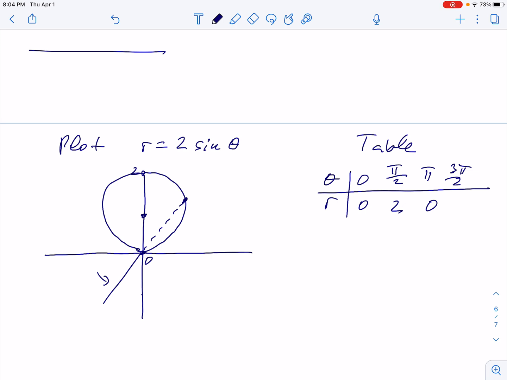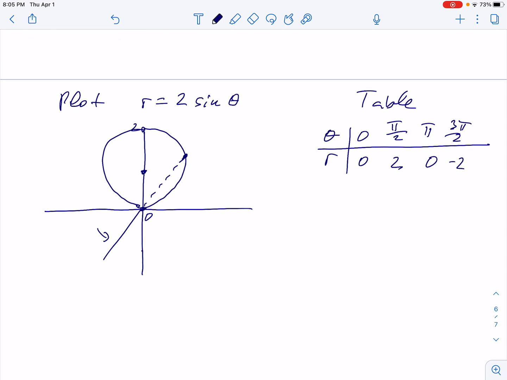When angle is 3 pi over 2, radius will be negative 2. And we have to measure on the other side. So we're repeating the same circle. So this circle is traced only once for theta moving between 0 and pi.